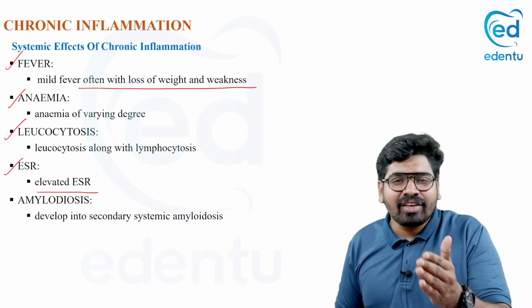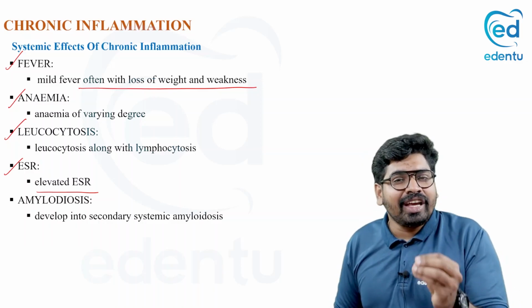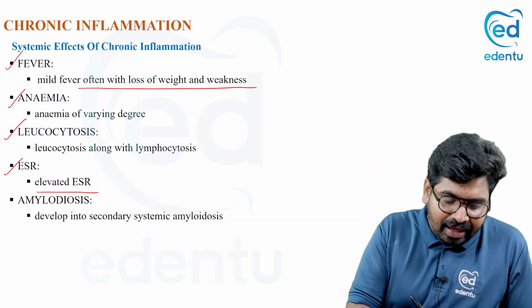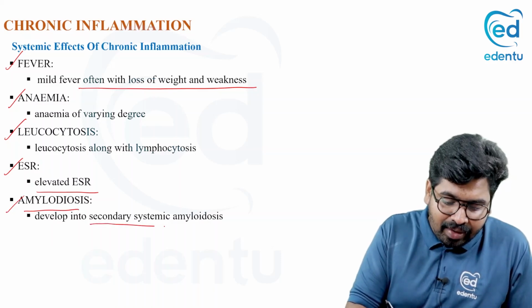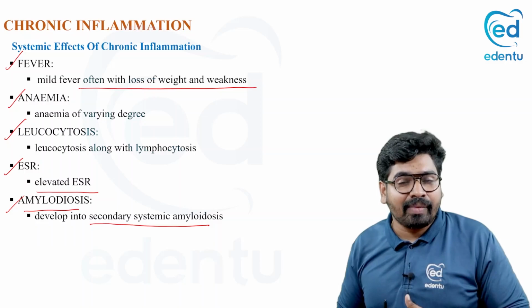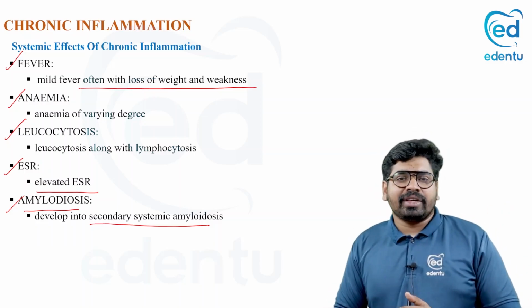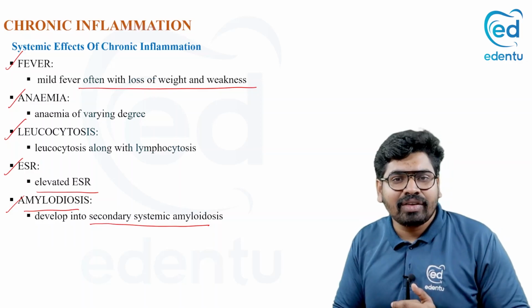Why does secondary amyloidosis occur? Chronic inflammation or chronic infection can lead to secondary amyloidosis. The patient may also show secondary amyloidosis. So this is the sequelae of chronic inflammation. These are the things you see in chronic inflammation.